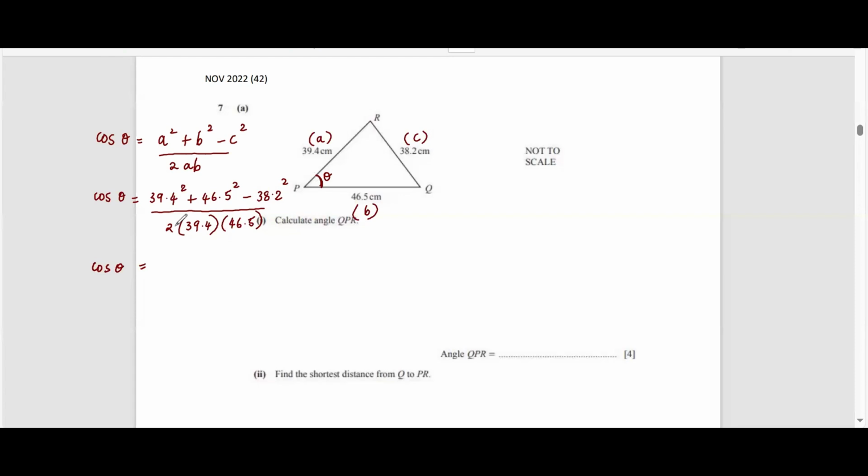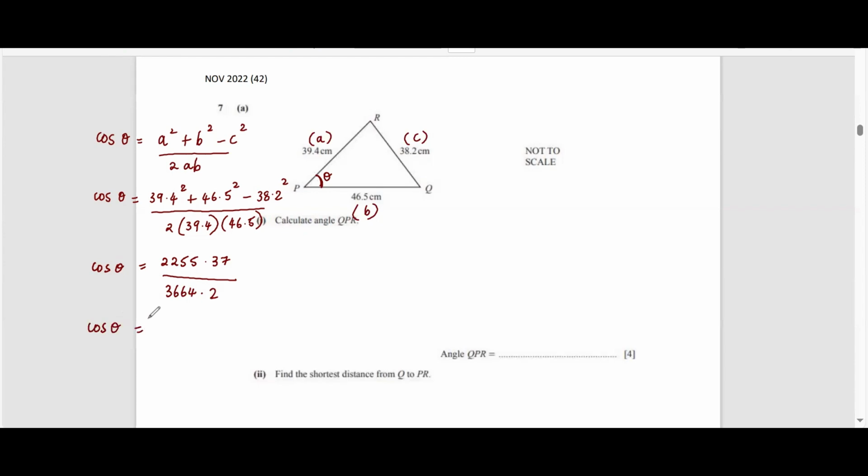39.4 square plus 46.5 square minus 38.2 square will give me 2255 divided by 2 into 39.4 into 46.5, which will give us 3664.2.